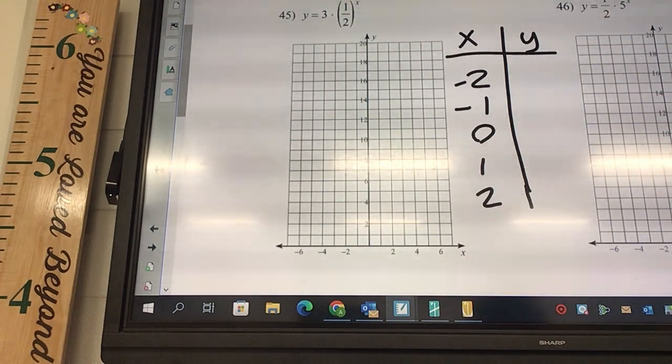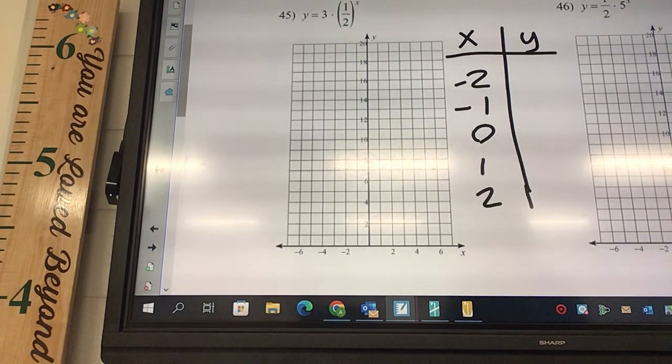So on your calculator, you're going to type in 3 times and hit your fraction button. And then hit the exponent. And then you're going to type in -2 and run through them.